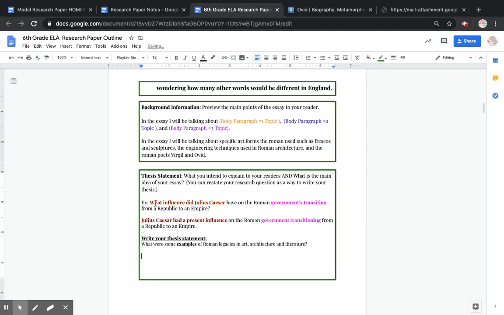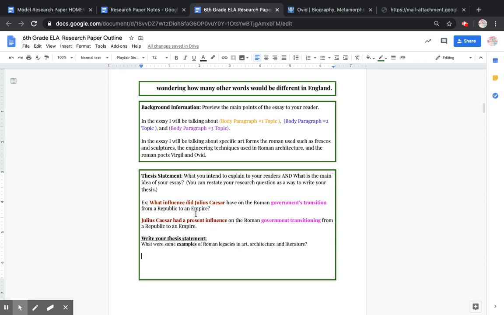So for this one, it said, what influence did Julius Caesar have on the Roman government's transition from a republic to an empire? And then the thesis statement is Julius Caesar had a present influence on the Roman government transitioning from a republic to an empire.